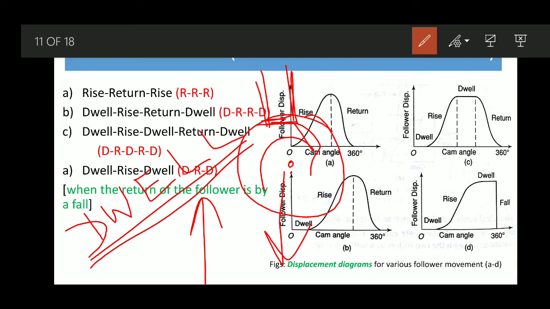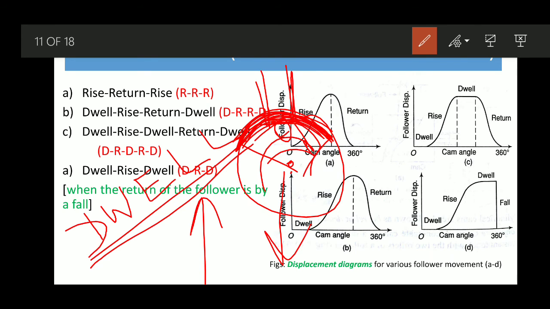Whenever the surface in contact with the follower encounters a constant radius of curvature, then in that particular angle there will not be any change in the displacement of the follower. The cam will be rotating, but the follower will remain stationary. There will not be any extra displacement.